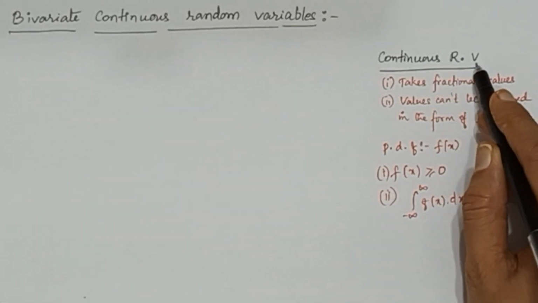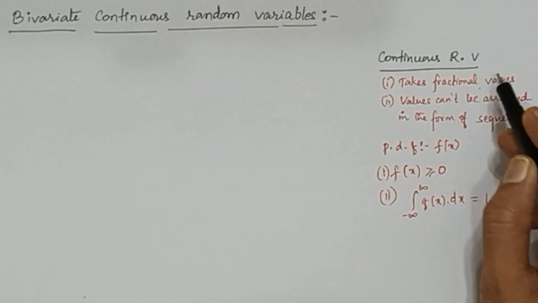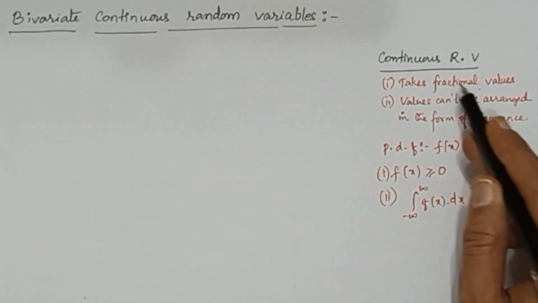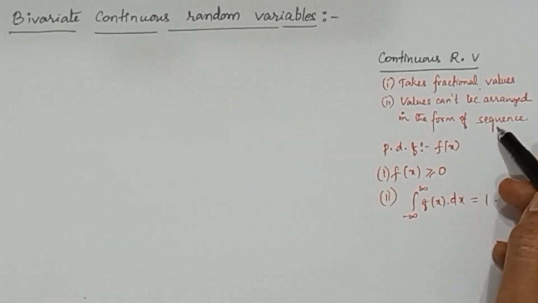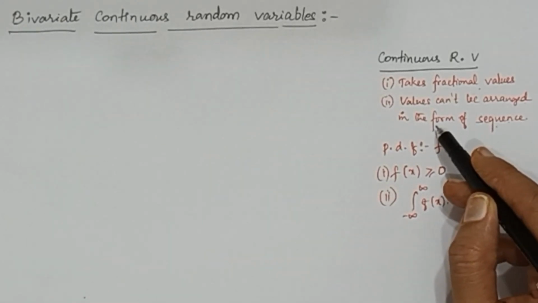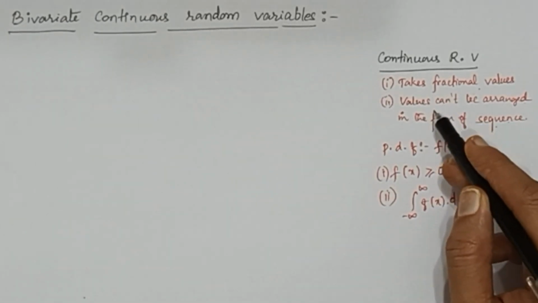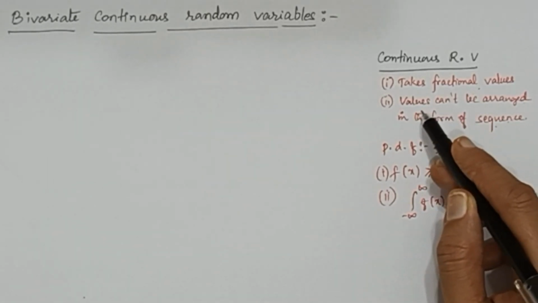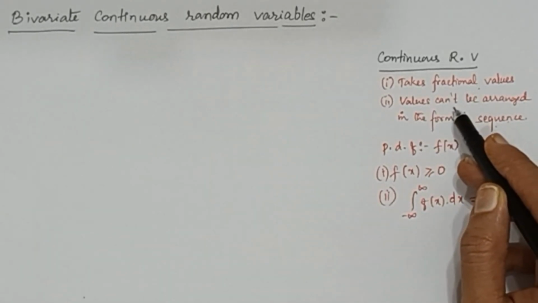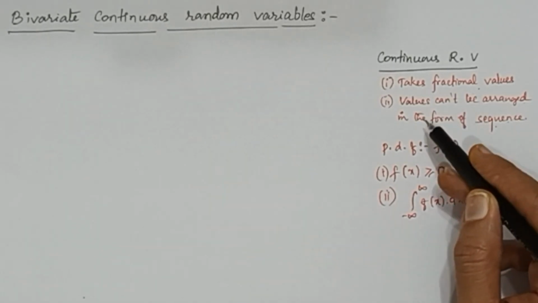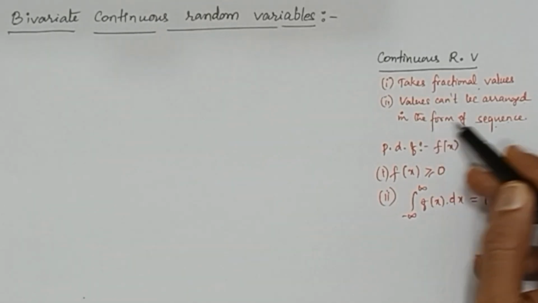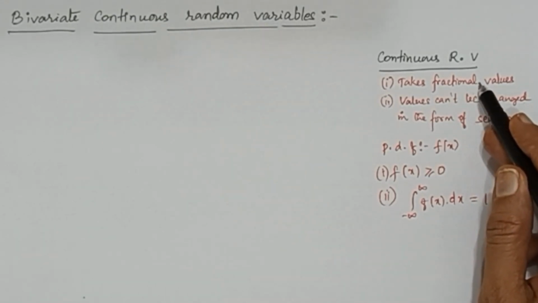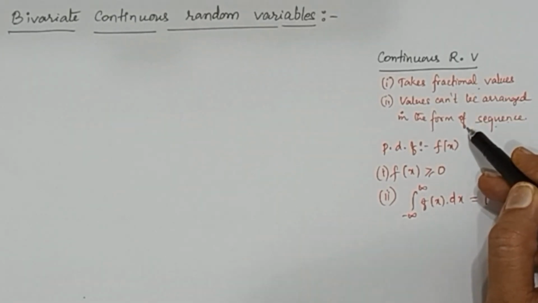Continuous random variables can take fractional values, and you can't arrange them in a sequence, because if the random variable takes values from 2 to 3, then there are uncountably many reals in between 2 and 3, like 2.1, 2.01, 2.001. So you can't arrange the values of a continuous random variable in the form of a sequence.